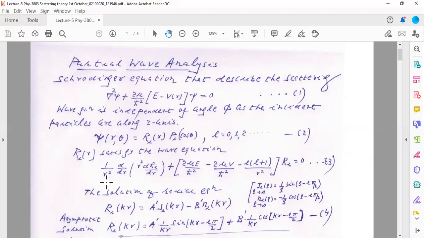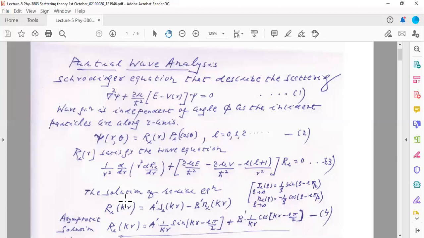But if it is away from the range of the potential, at a very large distance, we want to see the asymptotic solution for that. So it's the asymptotic solution where V is equal to 0. In that case, the solution of equation number 3, the radial solution, is given by RL of kr, where k is the wave vector, because we consider the incident particle as a plane wave, e to the power of ikz, where k is a wave vector.